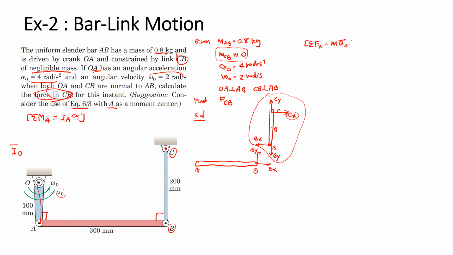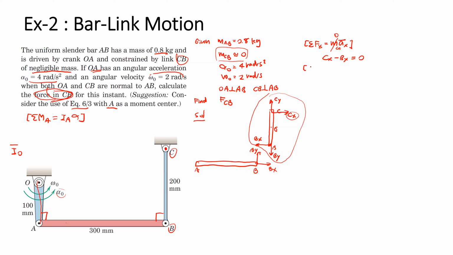But the mass of the CB is 0. So the summation of Fx will be Cx subtract by Bx equal to 0 because the mass is neglected.